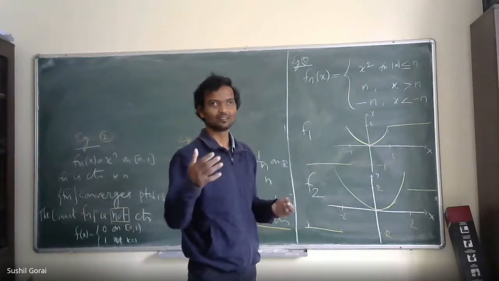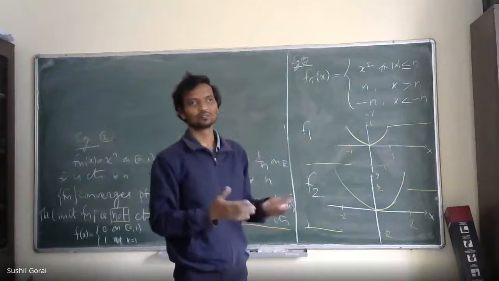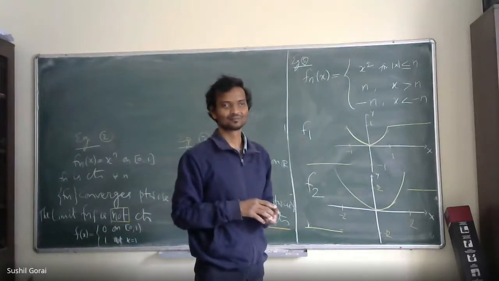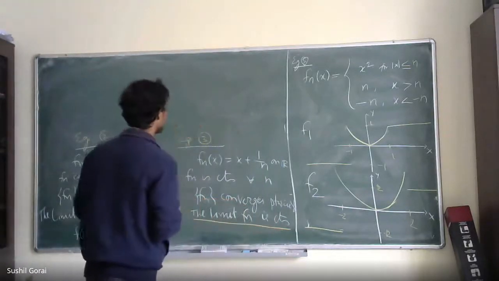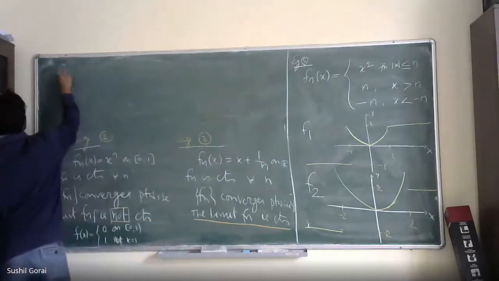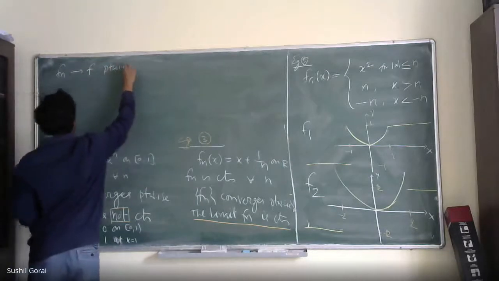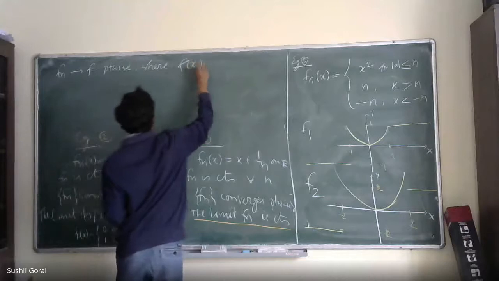So after some n, you get x squared, x squared, x squared, and so on. So it converges to x squared. So this f_n converges pointwise to f, where f(x) equals x squared.